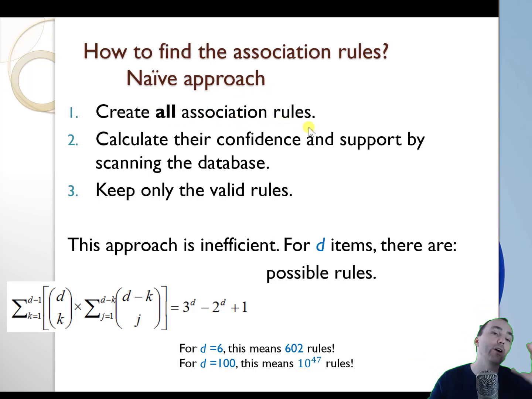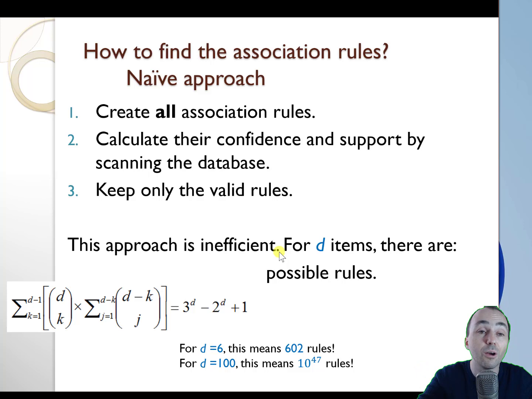That means you look at all the possibilities, and then for all these possible rules you calculate the confidence and the support by reading the database, reading again and again, and then you keep only the good, valid rules.